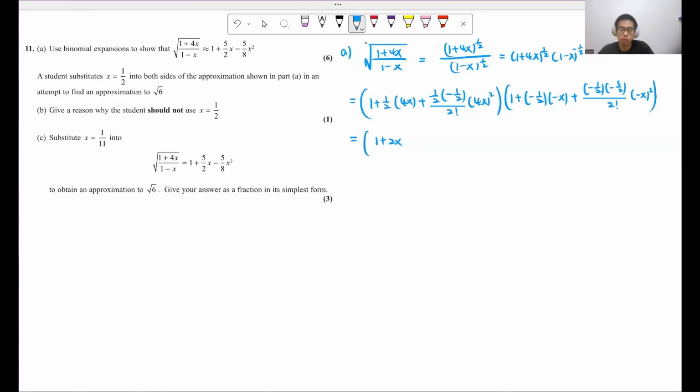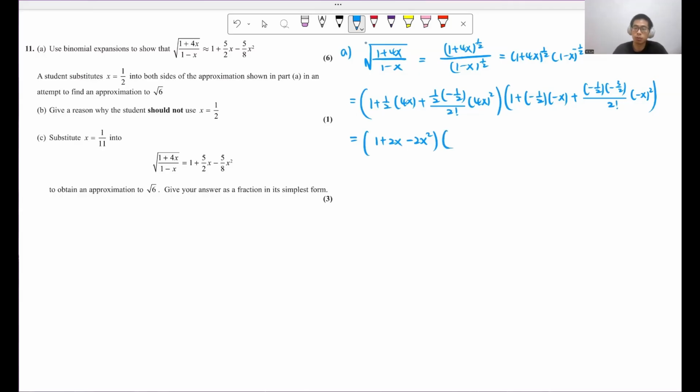And for the next one, I'll put 1/2 times, in brackets, negative 1/2, close brackets, over 2 factorial, and then times 4 squared, so that would be negative 2, and then x squared.